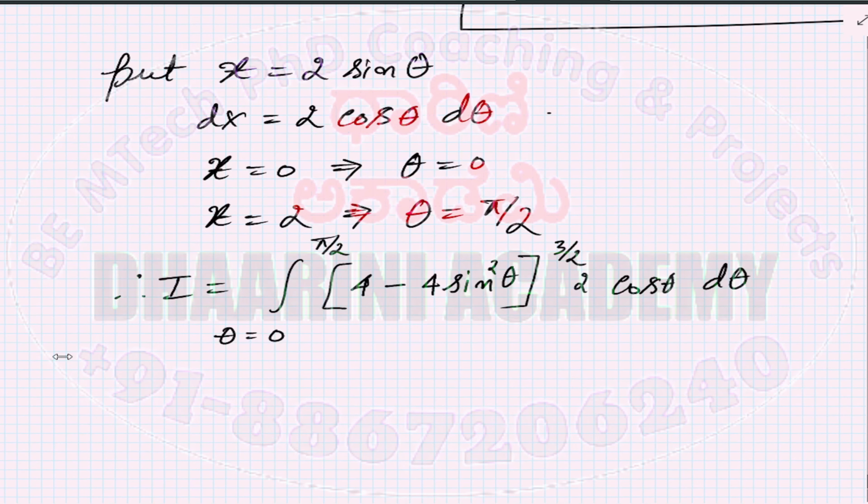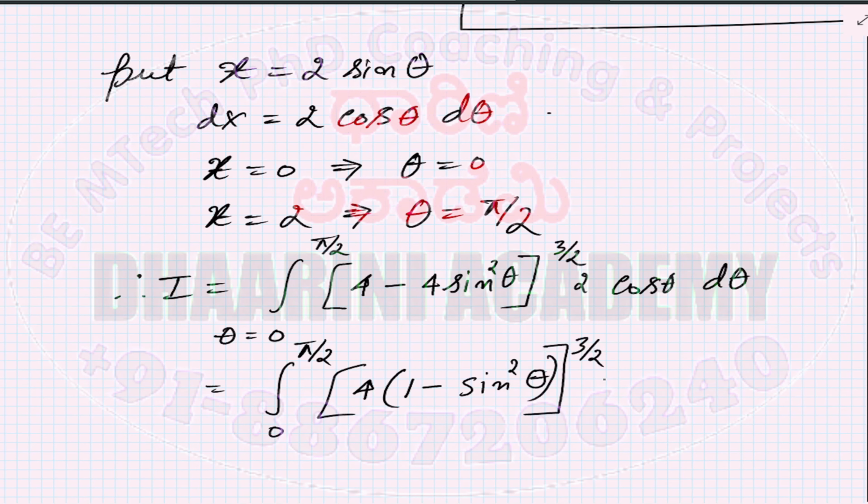This is the substitution. Now you see that this becomes very simple after this simplification. So this is 0 to pi by 2. I'll take 4 outside: 4 into 1 minus sine square theta inside the smaller bracket. This whole thing is raised to the power 3 by 2 into 2 cos theta d theta.